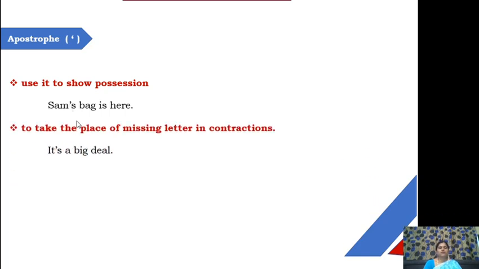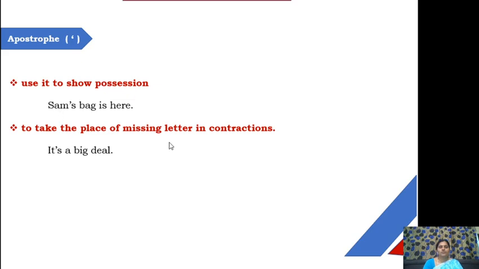The other one is the apostrophe. When to use this? Use it to show possession: Sam's bag is here. Here we are using this punctuation to show possession, like this bag belongs to Sam. Also use it to take the place of a missing letter in a contraction.